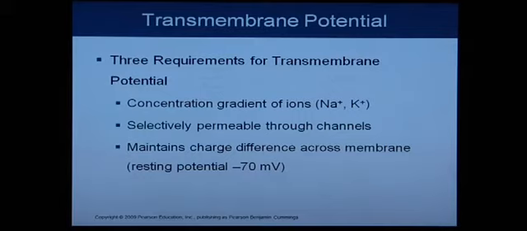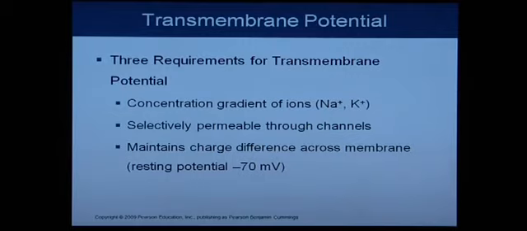The cell membrane of a neuron is selectively permeable, which means it allows some things in and some things out, but it's pretty picky about what it lets in and out, which is a good thing. And this difference in concentration gradient between sodium and potassium is going to help us have the resting membrane potential of -70 millivolts, which is again where the neuron is found at rest.